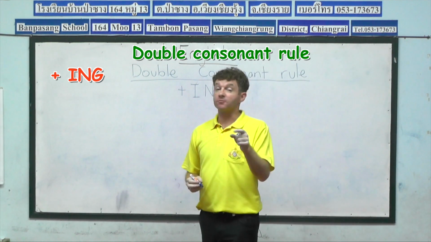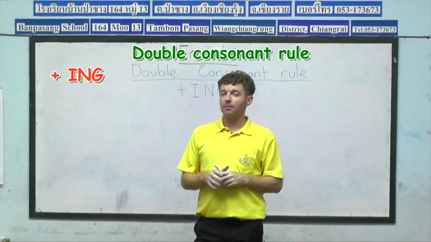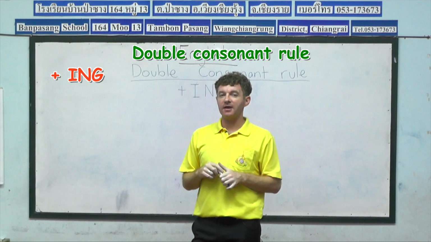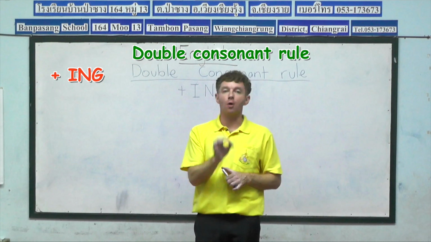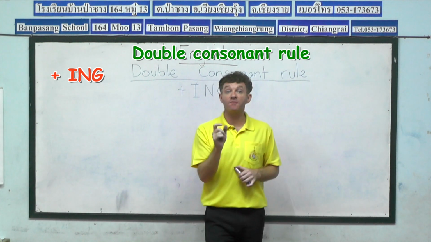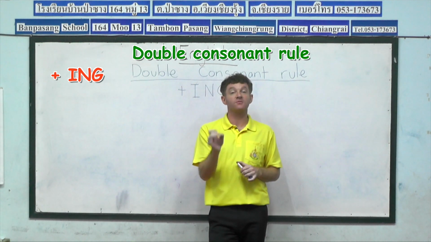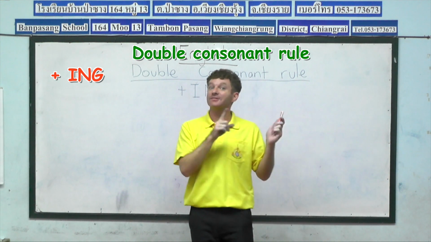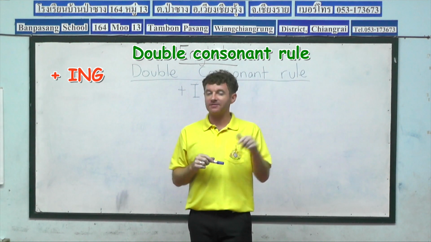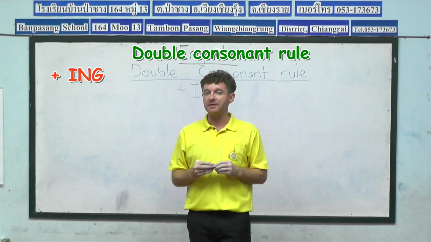With all verbs, we add ing. But there's something we need to check first. Remember about consonant, vowel, consonant. If our verbs end consonant, vowel, consonant, we have to add the second consonant. So let's see if our students can remember what they need to do now.